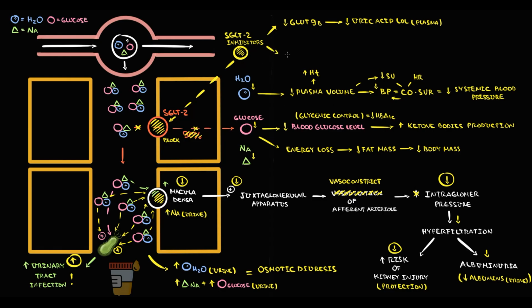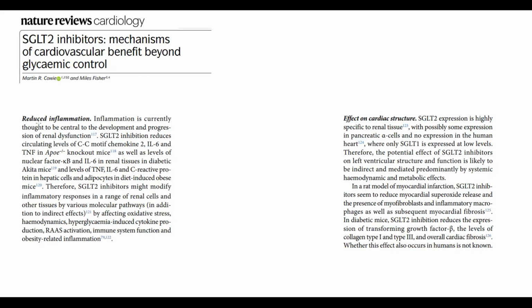In addition to this, SGLT2 inhibitors can decrease the severity of inflammation and oxidative stress in tissues. As we know, inflammation plays a crucial role in development and progression of renal dysfunction. SGLT2 inhibitors can decrease the production of pro-inflammatory cytokines, and by this they can reduce the severity of inflammation.